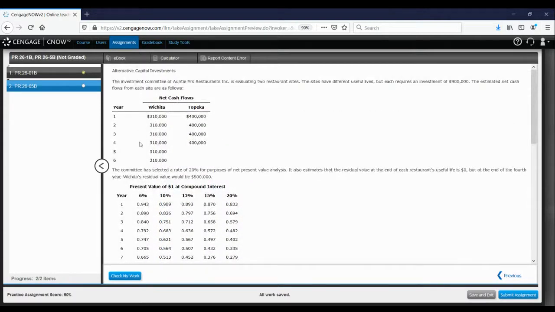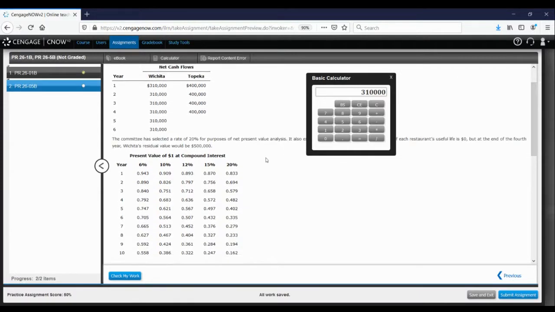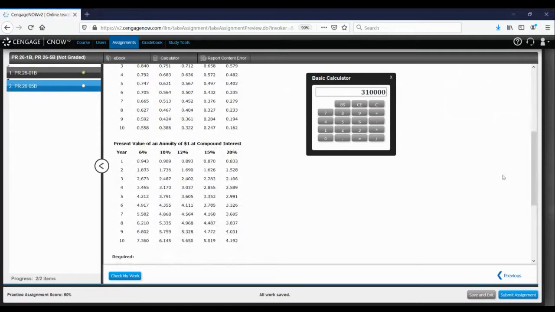Notice Wichita Company has a useful life of 6 years, and they also have a series of equal cash flows, which means that that's an annuity. We're going to use $310,000. So in our calculator, I'm going to go ahead and put in $310,000 because that's the cash flows in each one of these years. Now listen carefully to what I'm going to do here. Because Wichita has a 6-year life and they're wanting a 20% return on annuity, I'm going to go down 6 years.